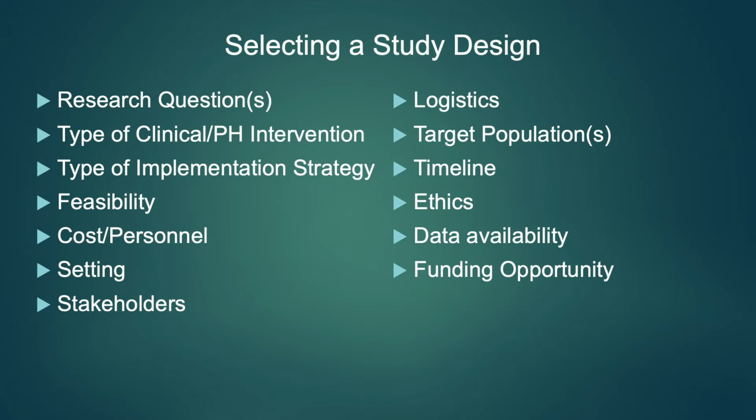We have to think about the ethics and inclusivity of what we're doing, hearing our stakeholders' and partners' voices and integrating that into our designs. And in addition to data you may be collecting, is there a way to streamline what you're doing through available administrative data sets, system-level data sets, hospital system electronic health records? That will also go into your design decisions.